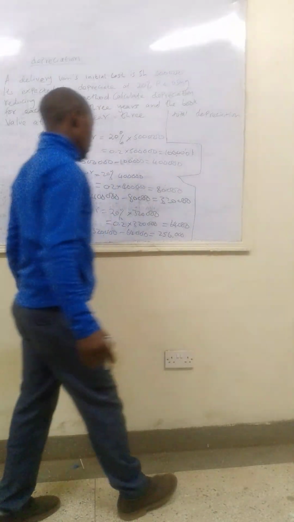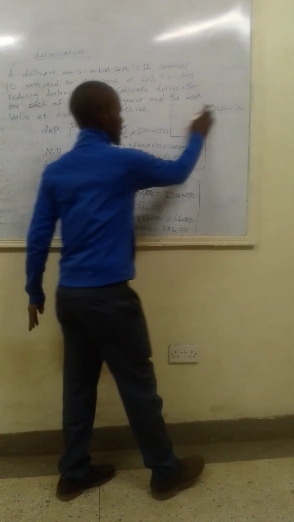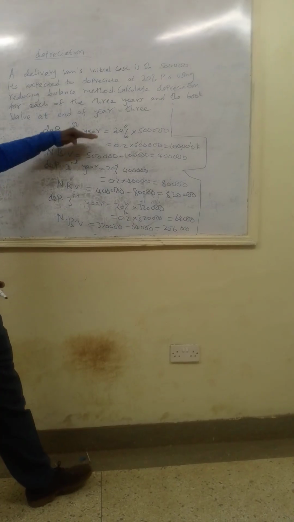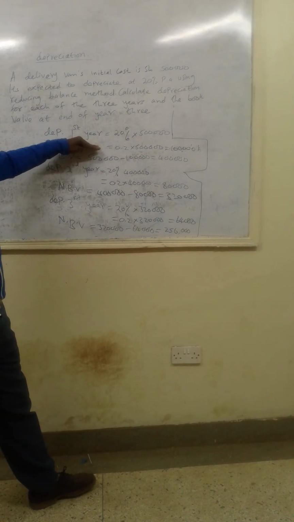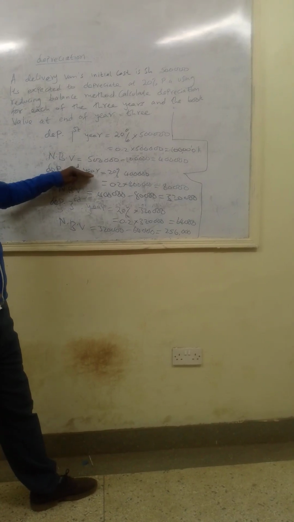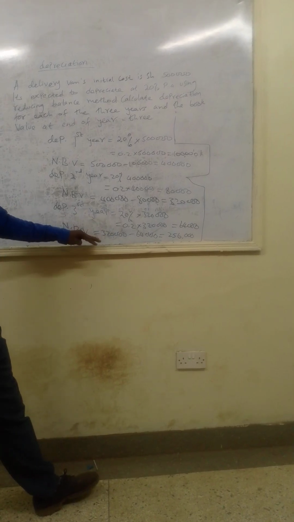We have indicated the book value for the first year plus depreciation, the book value for the second year plus depreciation, and the book value plus the depreciation for the third year.